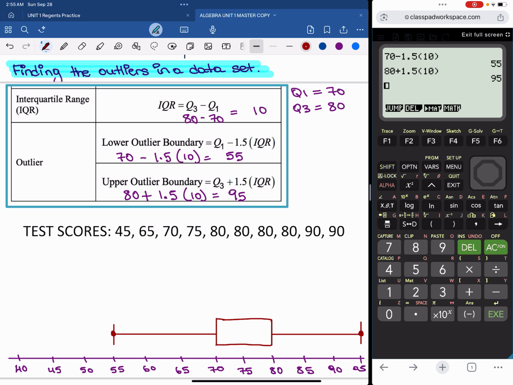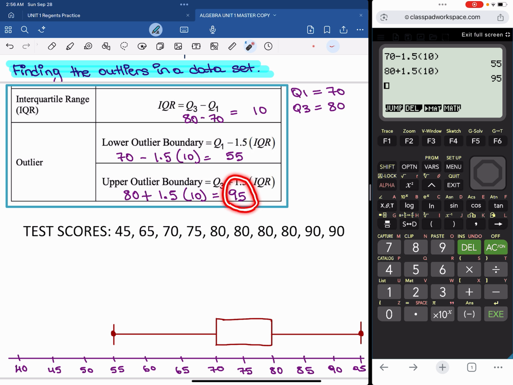Perfect. So, how do we determine whether there are any outliers in the data set? Well, we use our lower fence and our upper fence to do that. Let's look at the upper fence first. We found that our upper fence value, or the upper outlier boundary, is 95.